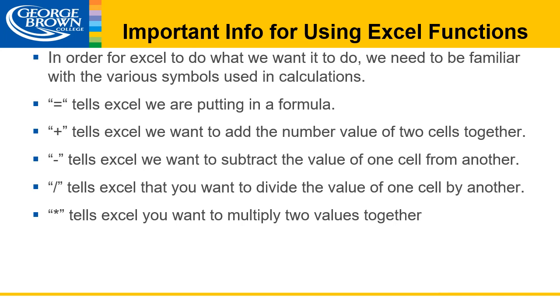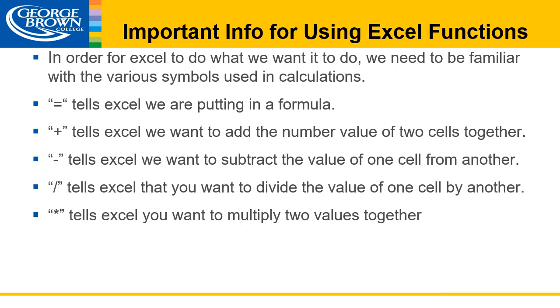If we want to divide one cell by another, or one value by another, we hit equals, click the cell that we want to divide, and then hit the slash button and click the other cell that we want to divide by. Very similar is multiplication. How we tell Excel we want to multiply two numbers together is with the asterisk.